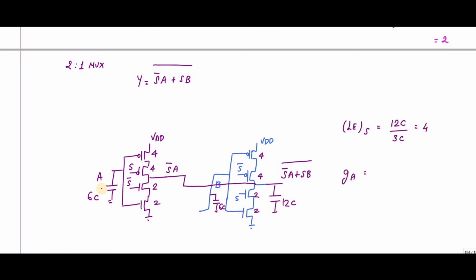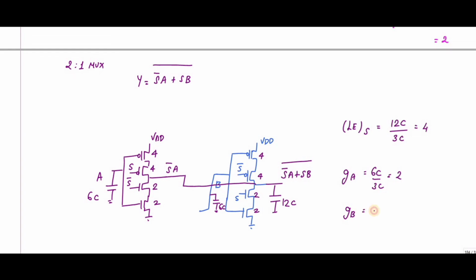For A, you have to see the input of A. It is 6C, so 6C divided by 3C is 2.